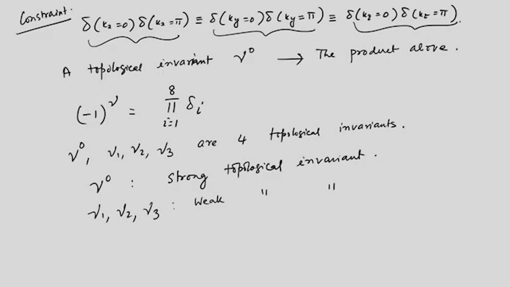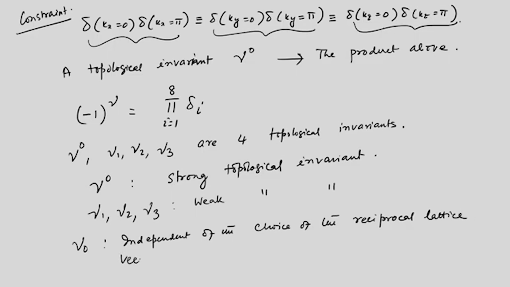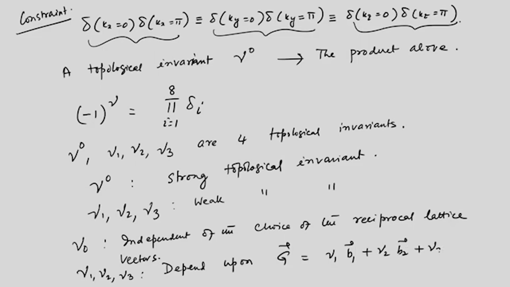Basically this nu 0 is independent of the choice of the reciprocal lattice vector, whereas nu 1, nu 2, nu 3 depend upon the choice of the reciprocal lattice vector G, which is equal to nu 1 B1 plus nu 2 B2 plus nu 3 B3.